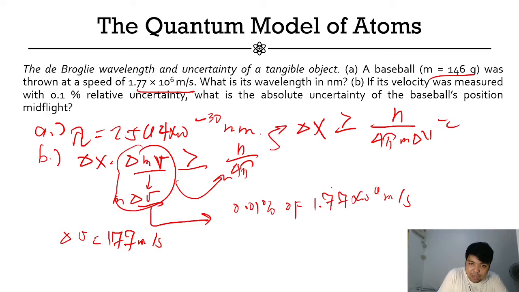And we substitute our values, so that is equal to 6.626 times 10 to the negative 34 joule second.